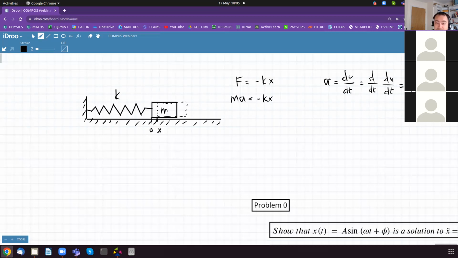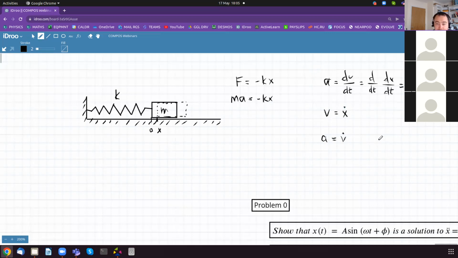And in physics, we have a special notation. We say x double dot. X double dot means second derivative, where the dot notation means derivative with respect to time. Speed is the first derivative of x, and of course, acceleration is the first derivative of velocity.